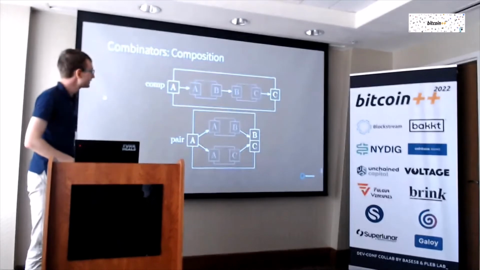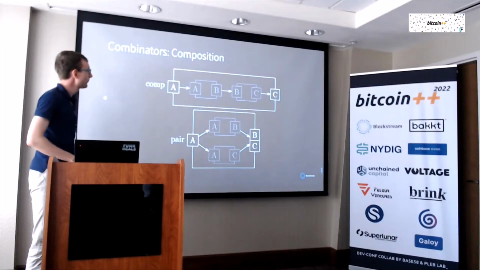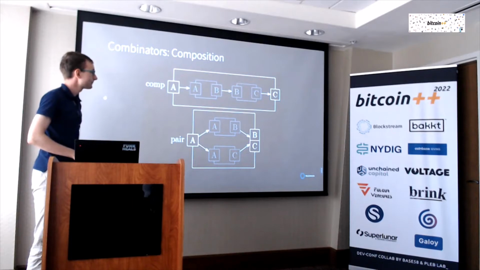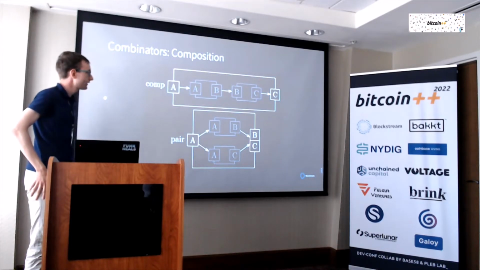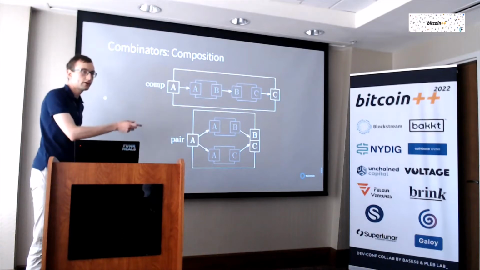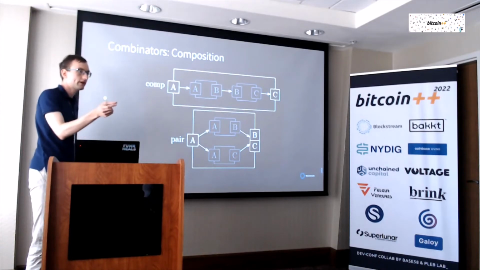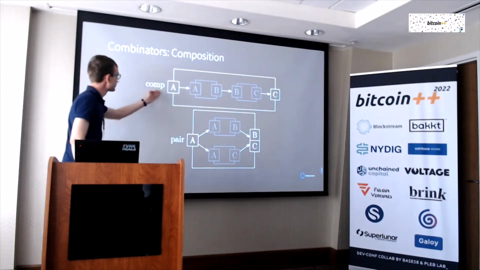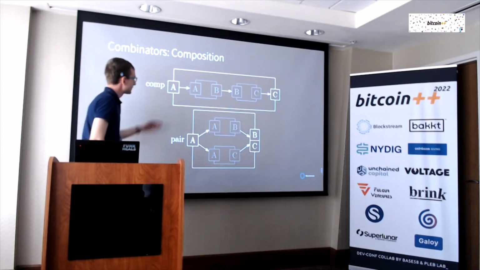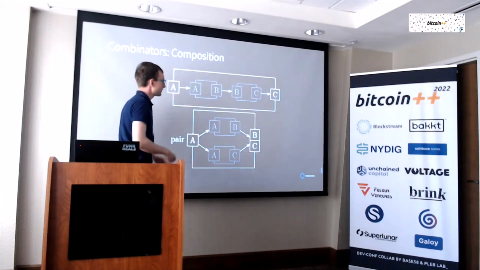And one way to do it is the composition, right? And if you're a programmer, maybe you know of chaining, right? Like you chain functions, you apply one function and then you apply a second function onto the output of the first function. And this is the composition combinator. And so the visualization is slightly different.